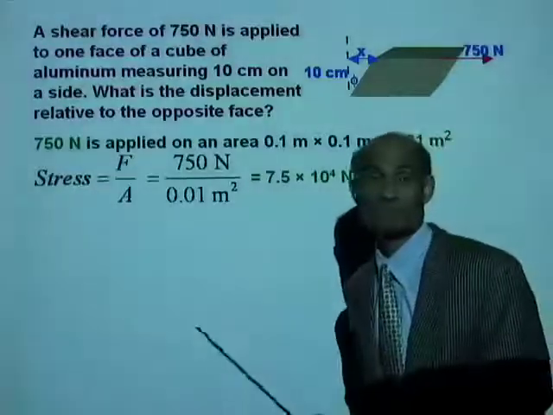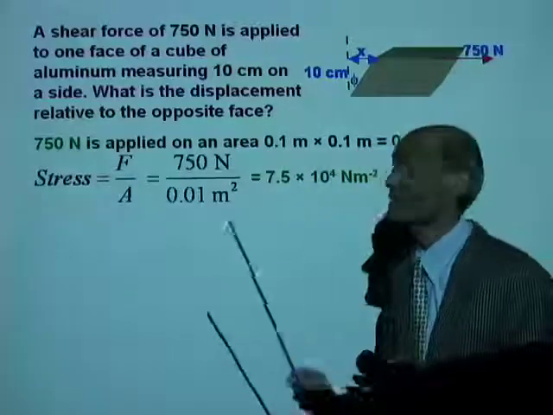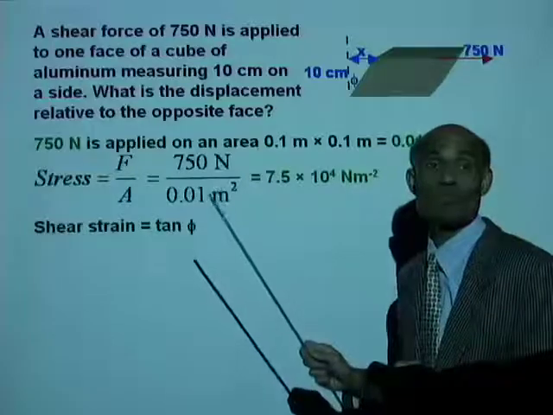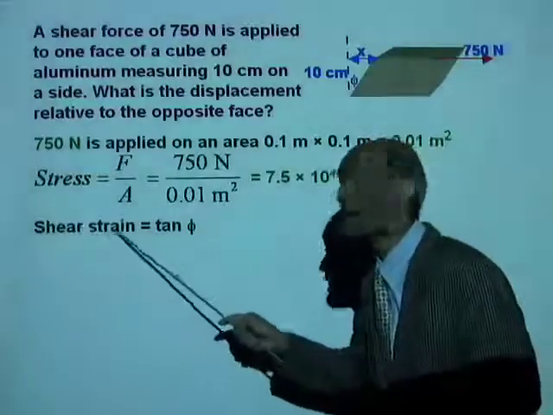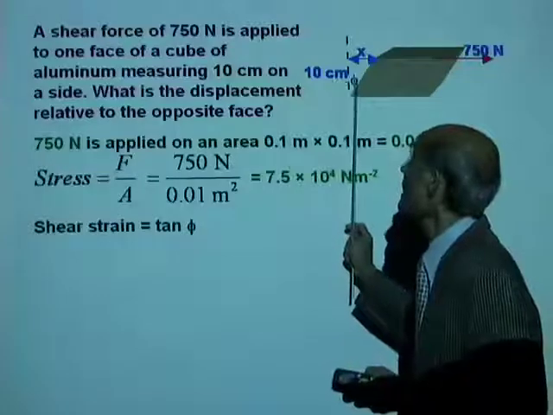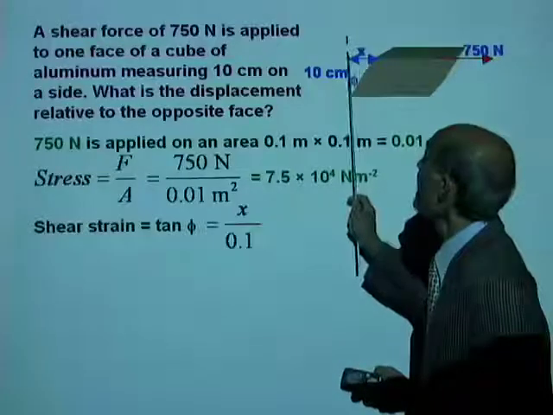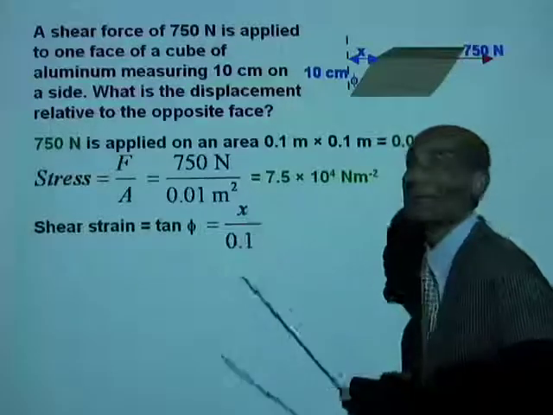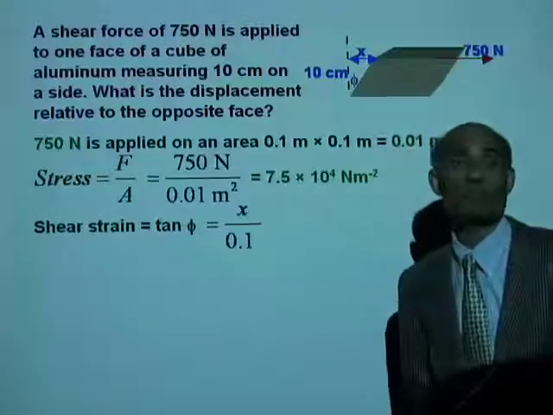You got the stress. What is the strain? Strain is tangent of the angle of deformation. Shear strain is tangent of angle phi. And what is tangent of angle phi? Opposite side divided by the adjacent side, x divided by 0.1.